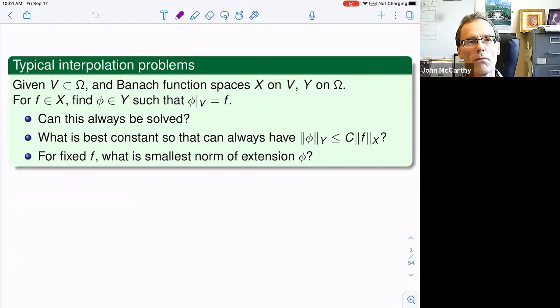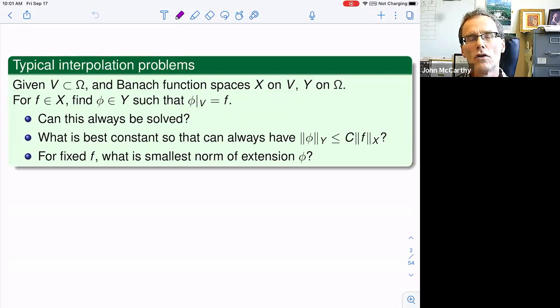Well, a typical interpolation problem is you're given two sets, a big one omega and a smaller one v, and then you're given a space of functions on v, let's call that x, and another one on omega we'll call y, and then v is often a discrete set, and then given a function f defined a priori on v, you want to find an extension to y, a function on the larger set omega whose restriction to v is f.